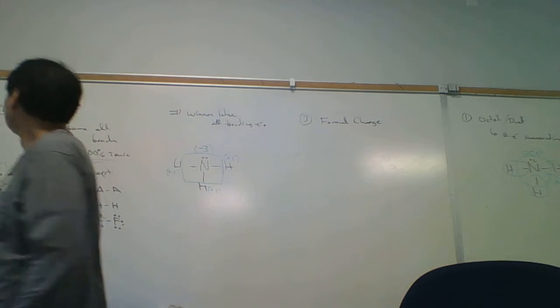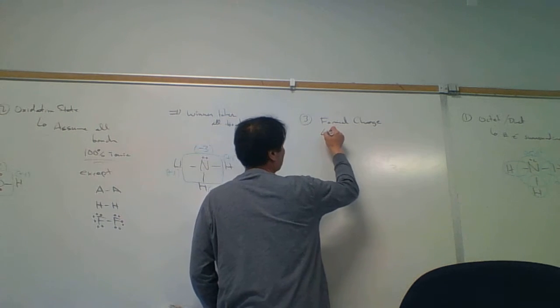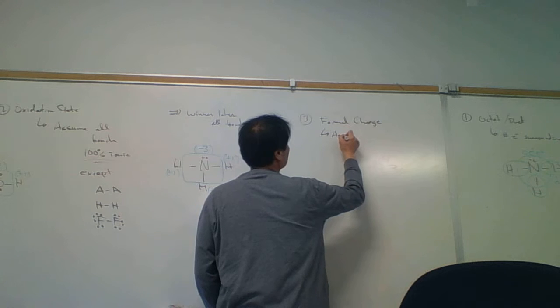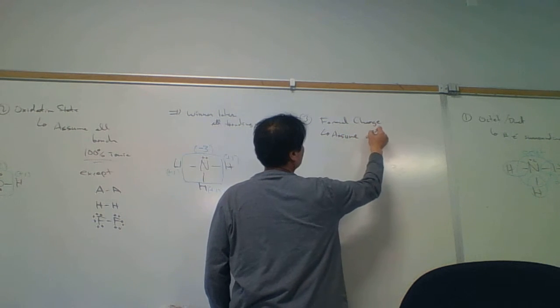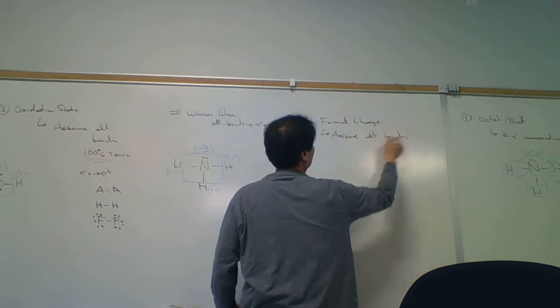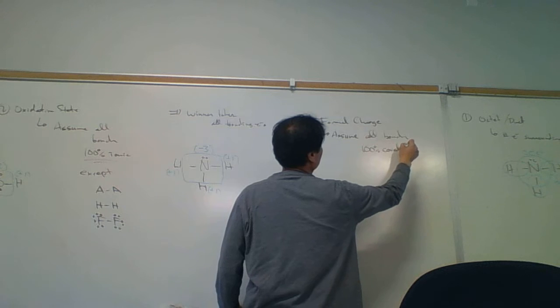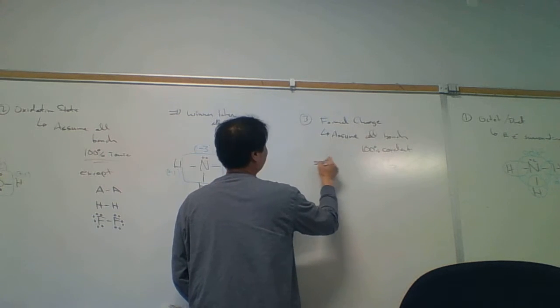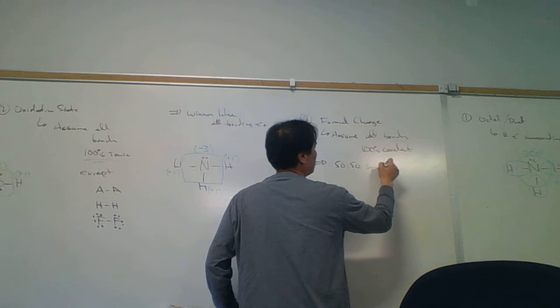With formal charge, we make the opposite assumption. We assume all bonds are 100% covalent. In other words, we have a 50-50 sharing of bonding electrons.